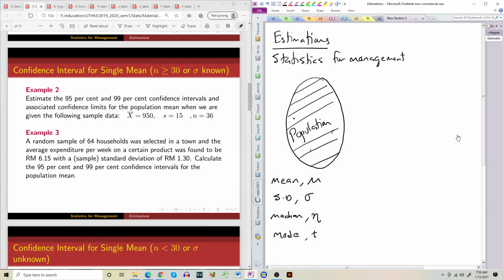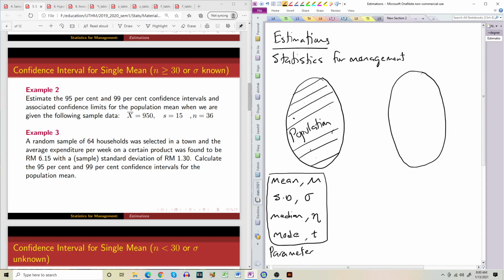This is known as a parameter. Parameter.